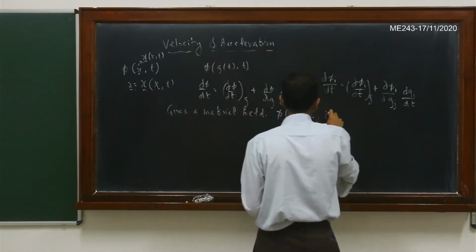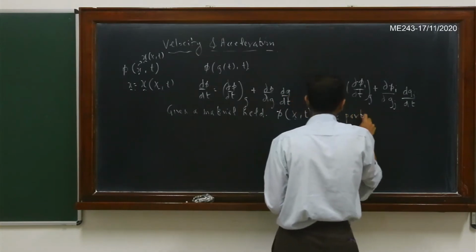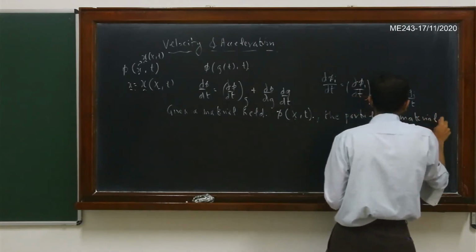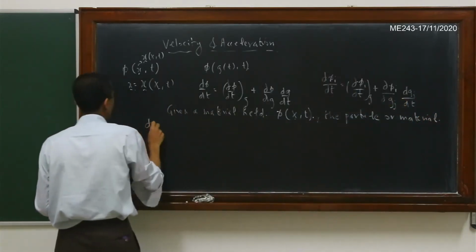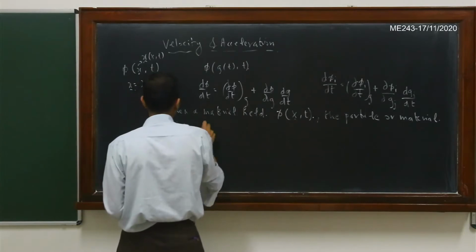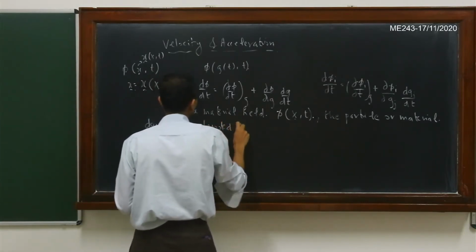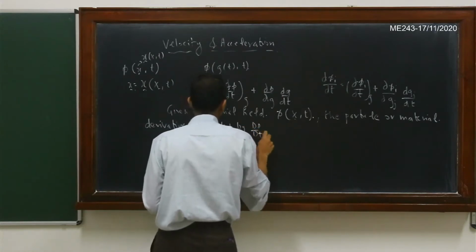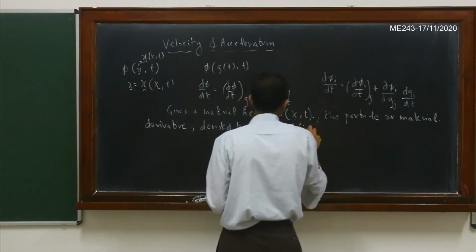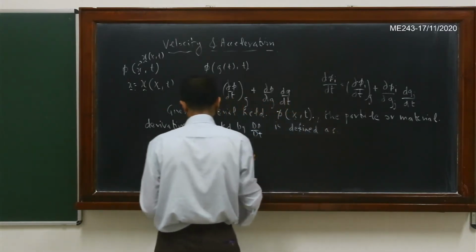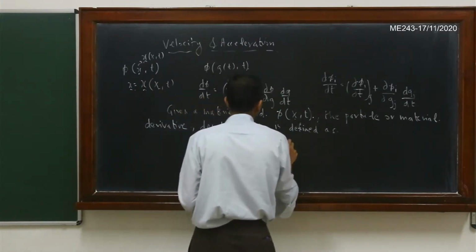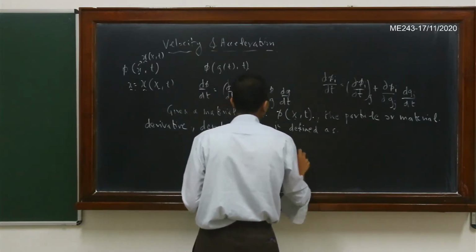The particle or material derivative, denoted by d phi by dt, is defined as d phi by dt is equal to del phi by del t, keeping capital X fixed.